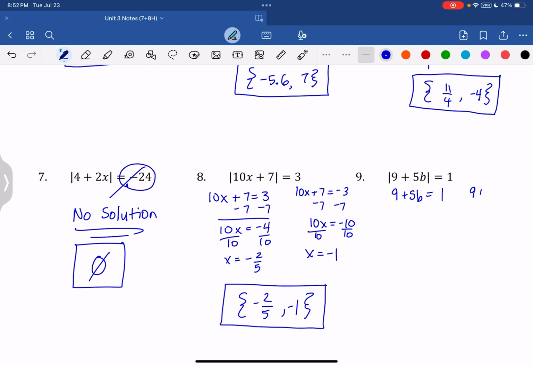Now, it is possible to get a single answer if your absolute value stuff equals 0. So there are 3 possibilities where you can get no solution, where you get 1 number, or where you get 2 numbers.